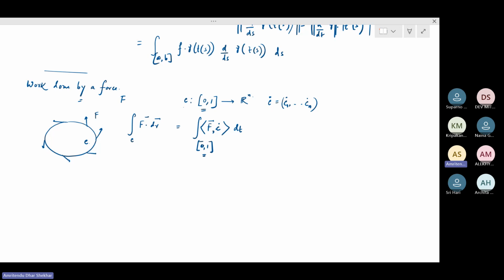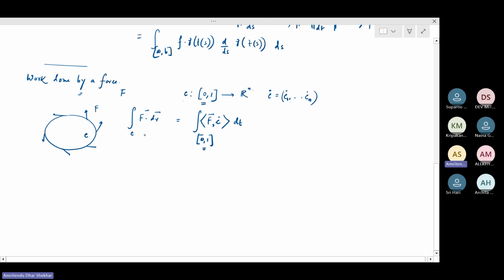So let's see. Again, let's say I use a different parameterization. Let's say I write t is equal to some t of s. So what we have is basically the integral of f comma c dash t dt.